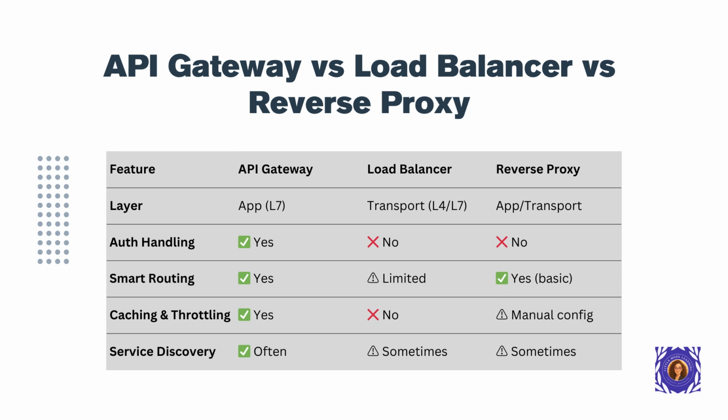They're great at distributing traffic, but usually don't handle authentication or advanced routing logic. Reverse proxies are somewhere in between. They can do basic routing, but typically lack the built-in features for authentication and throttling unless manually configured. The key takeaway: gateways are smarter, more flexible, and specifically designed for microservices architectures.